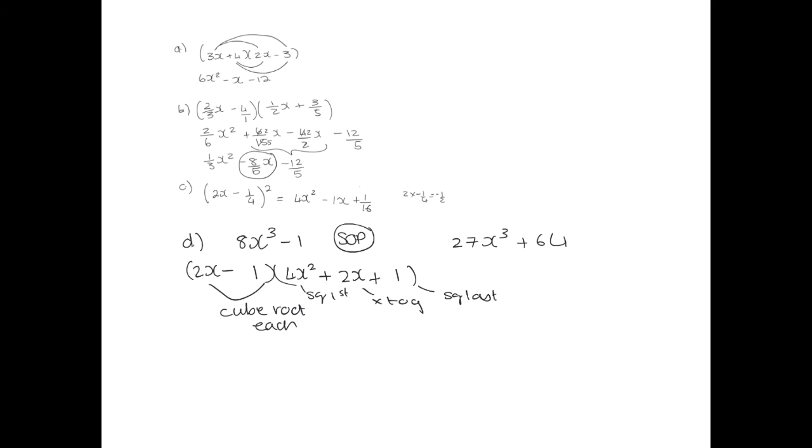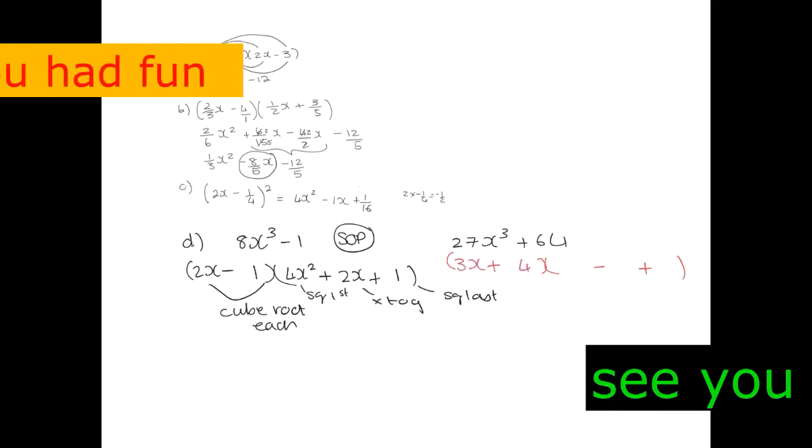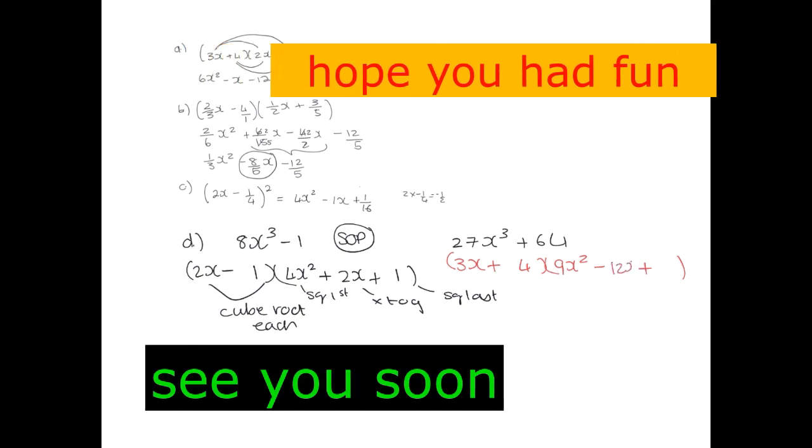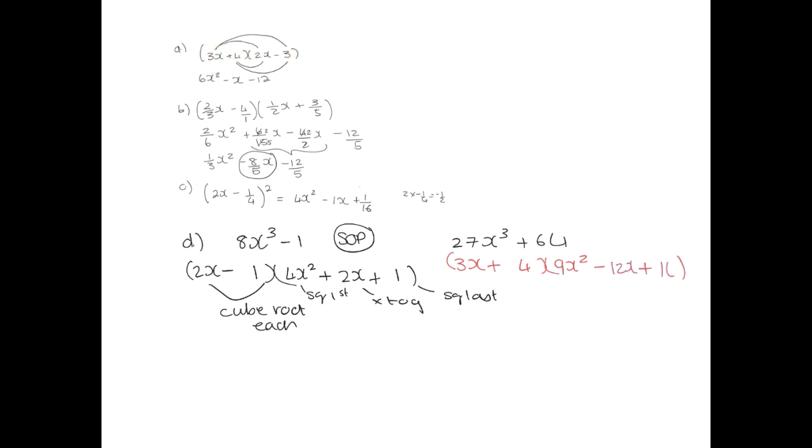So let's follow that principle on the second one. The signs are SOP, so plus, minus, plus, same, opposite, plus. Cube root of each, square the first, 9x squared, times together, 12x, and square the last.